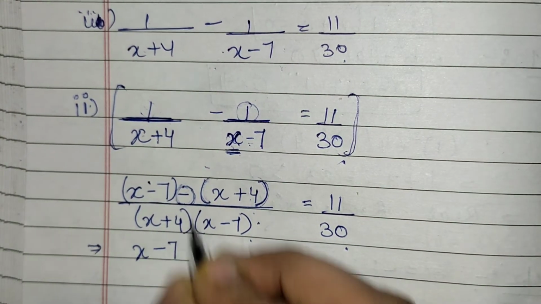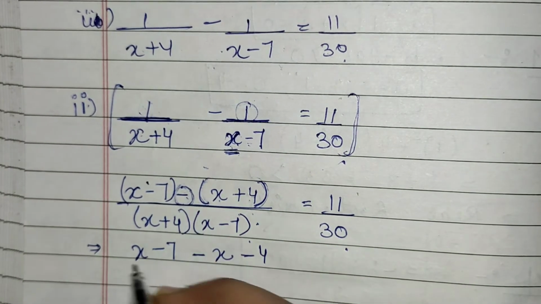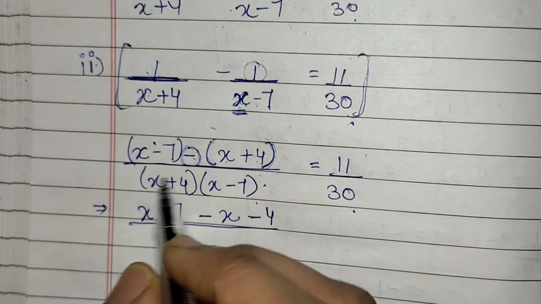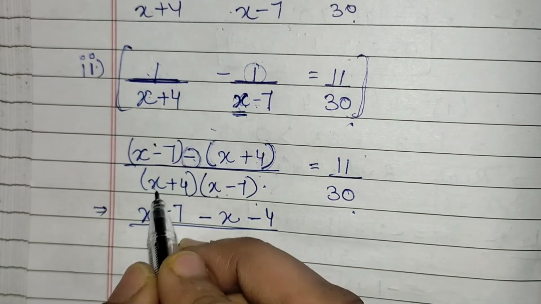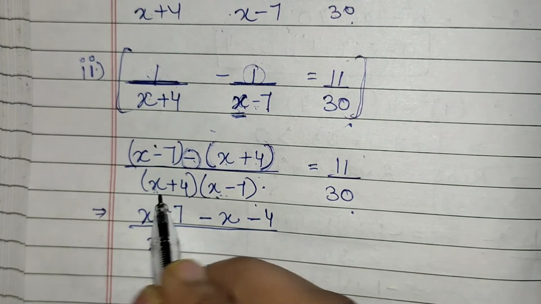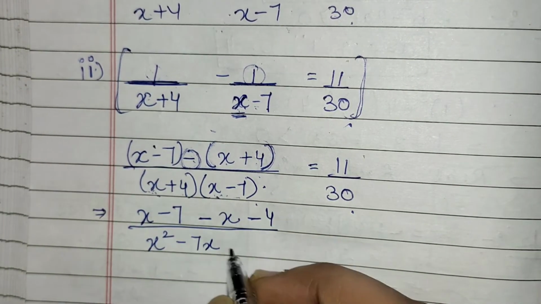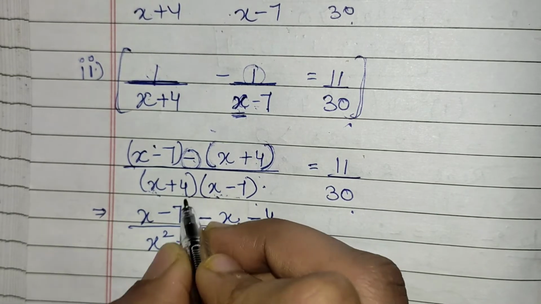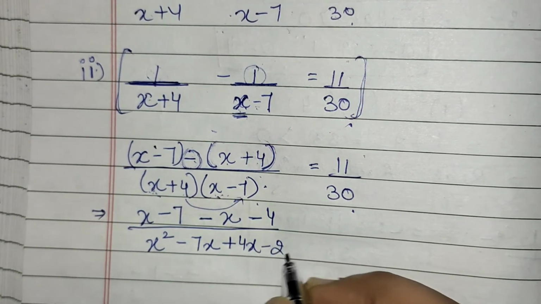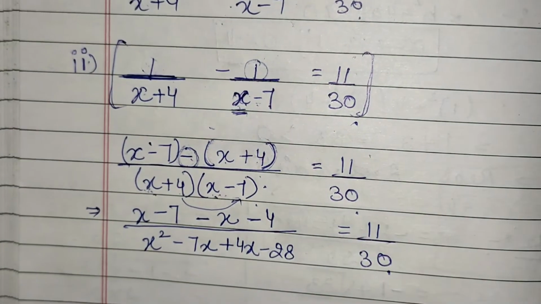So x minus 7, and it will become minus x, and it will become minus 4, and divided by, when you evaluate the denominator part, what will you get? x into x will be x square, and here it will be minus 7x, it will become plus 4x, and here it will be minus 28, is equal to 11 by 30.